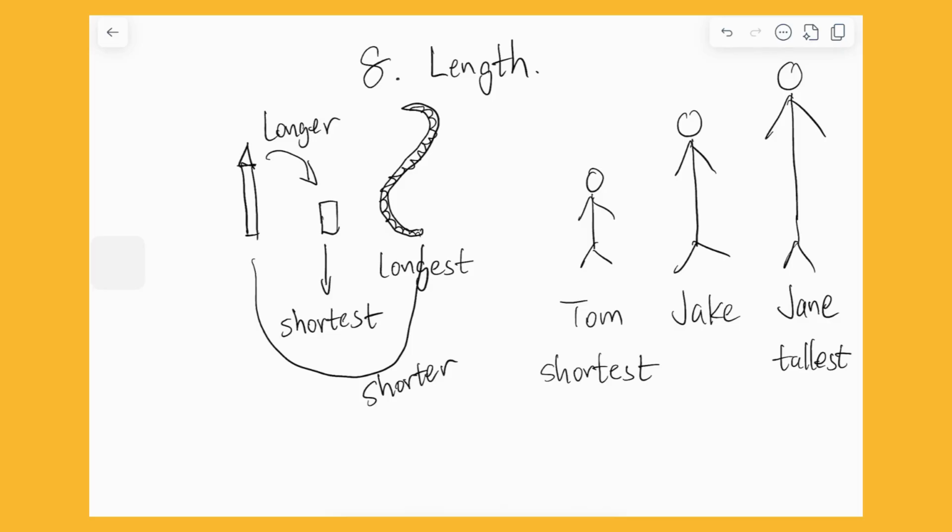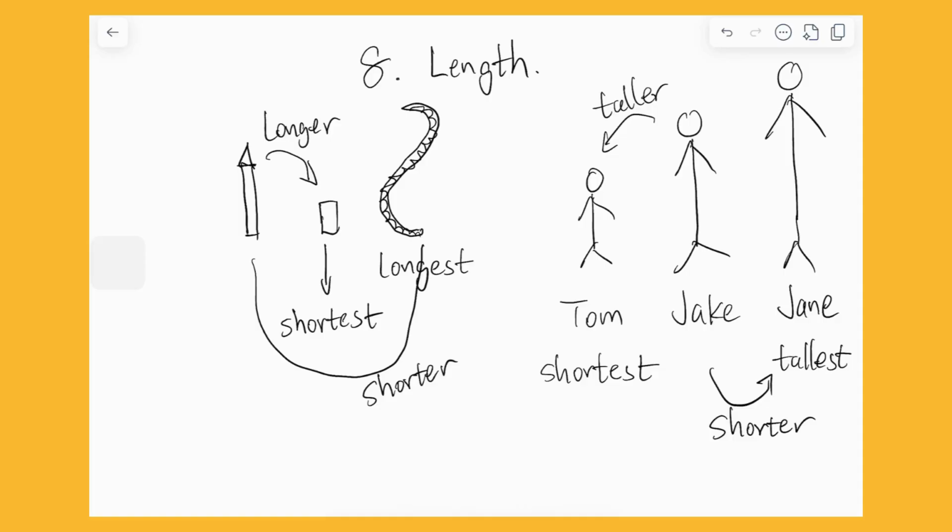So Jake is taller than Tom. But Jake is what? Compared with Jen, shorter than Jen.